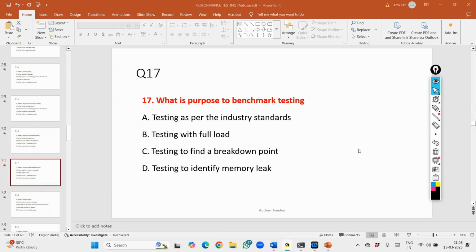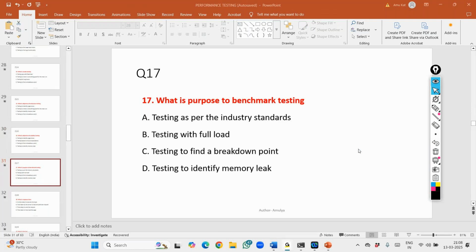If you are in that situation, definitely it's our responsibility to create the test data. So instead of doing the manual work, we will create one simple script.